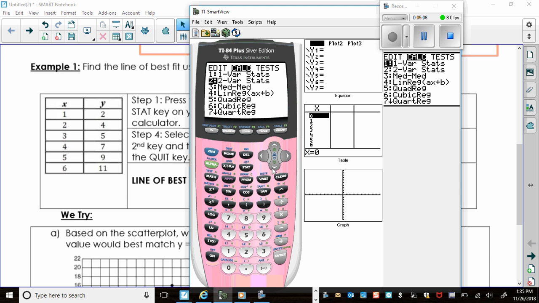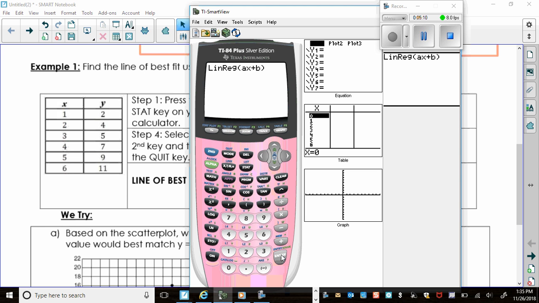So I'm going to go down to number 4, press enter, and press enter again. There is my A and my B. Now, in this calculator, they don't use M for slope, they use A, and B, we already know, is our y-intercept. So we can actually just use these numbers to create our own equation.